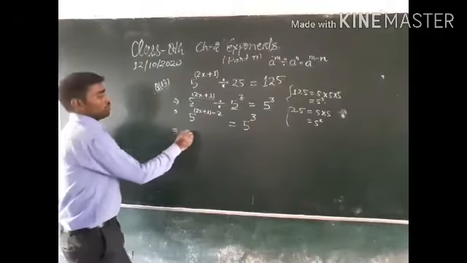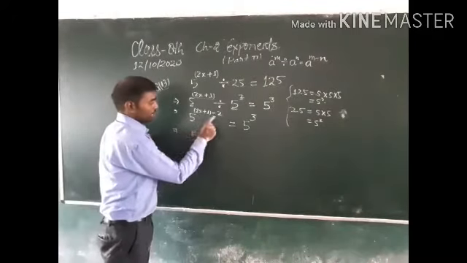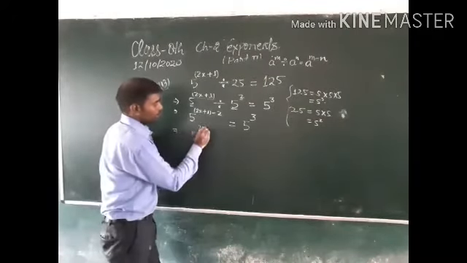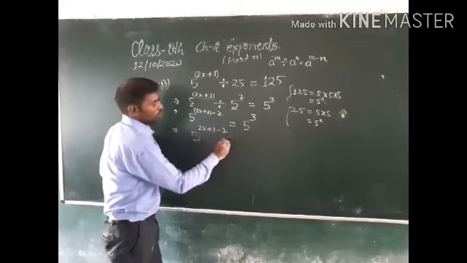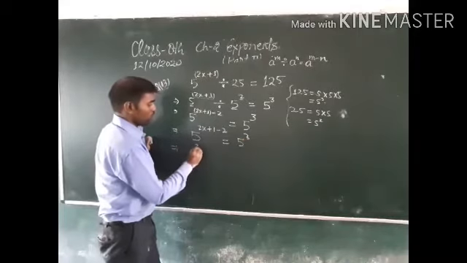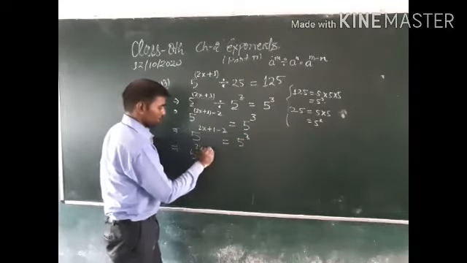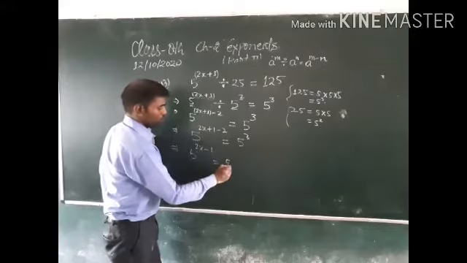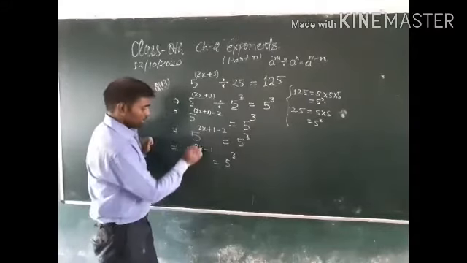Now it can be solved. 5 to the power 2x plus 1 minus 2, that is minus 1, is equal to 5 to the power 3.